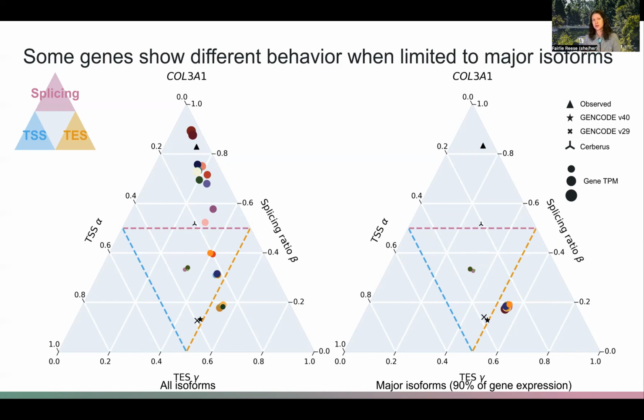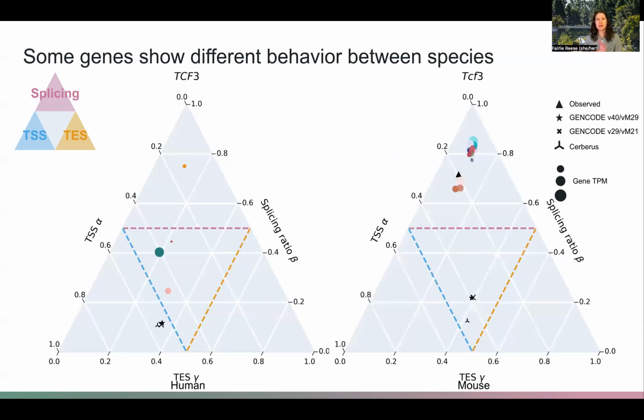What we can also do is compare the localization of these genes in the simplex based on what species we're sampling. And so for this case, I'm limiting on the left in human to just the samples that match what we have matching data for in the mouse.